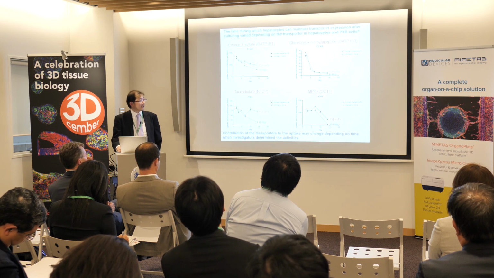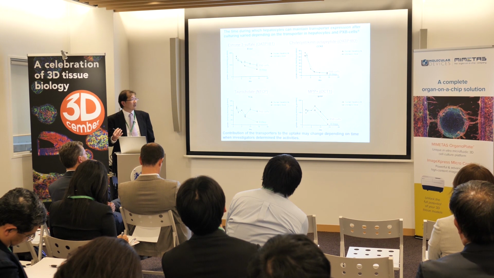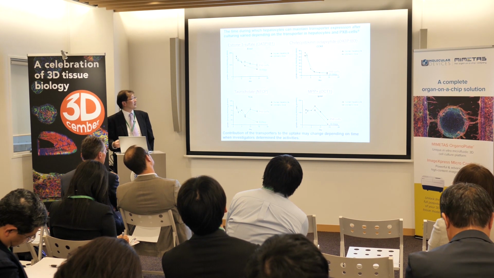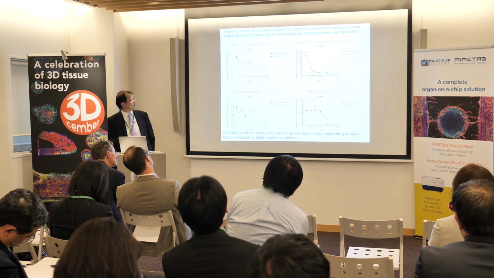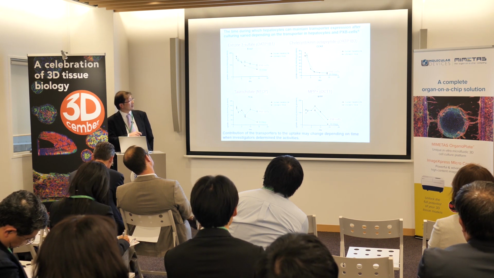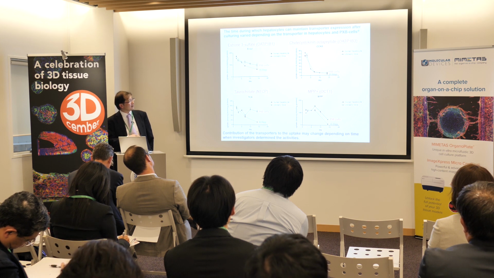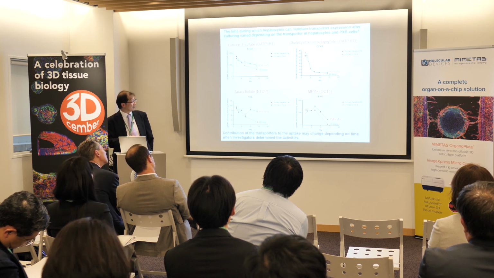Then we measured the time profiles of the activities. For OATP1B1, whose messenger RNA rapidly diminished, the activity was only slightly reduced. But for OATP1B3, it decreased quickly like this.